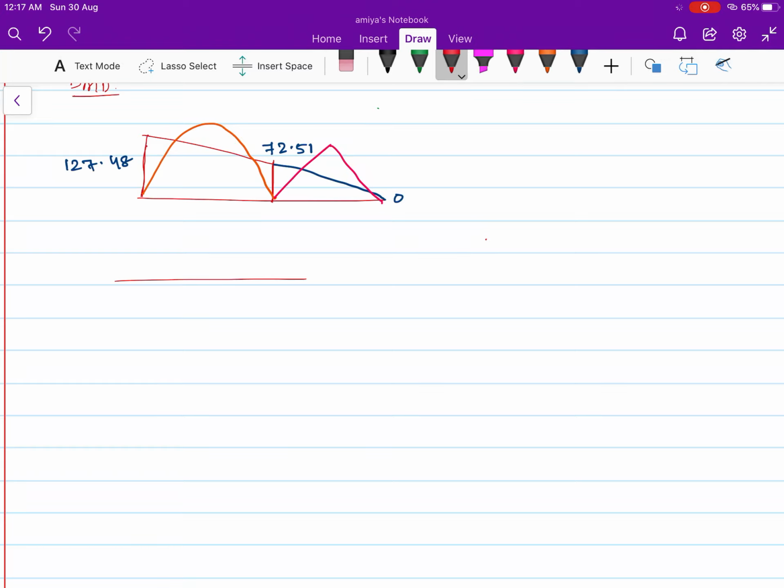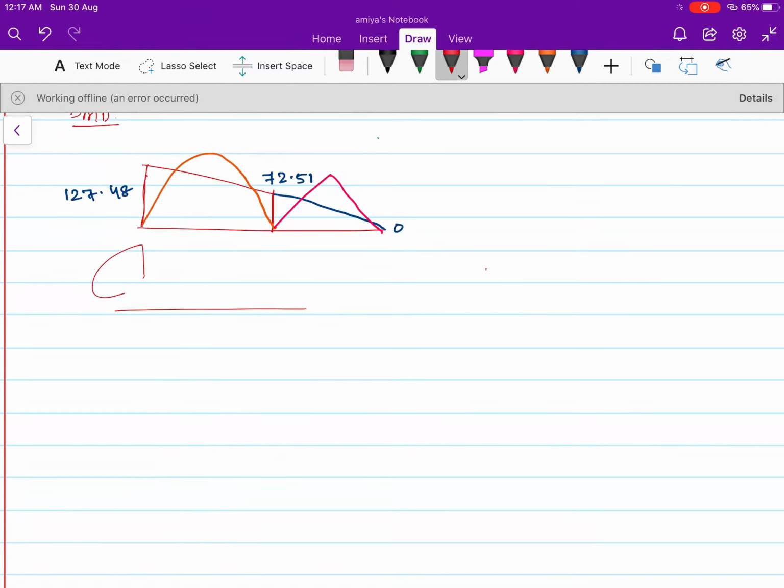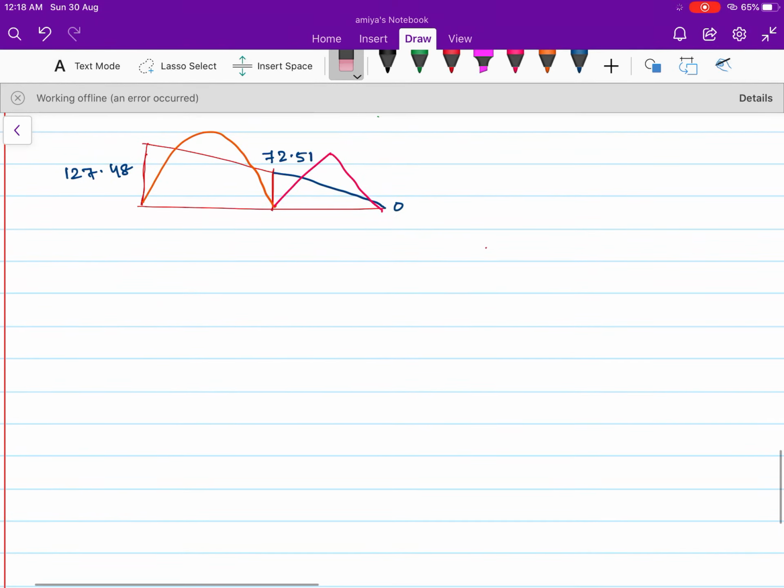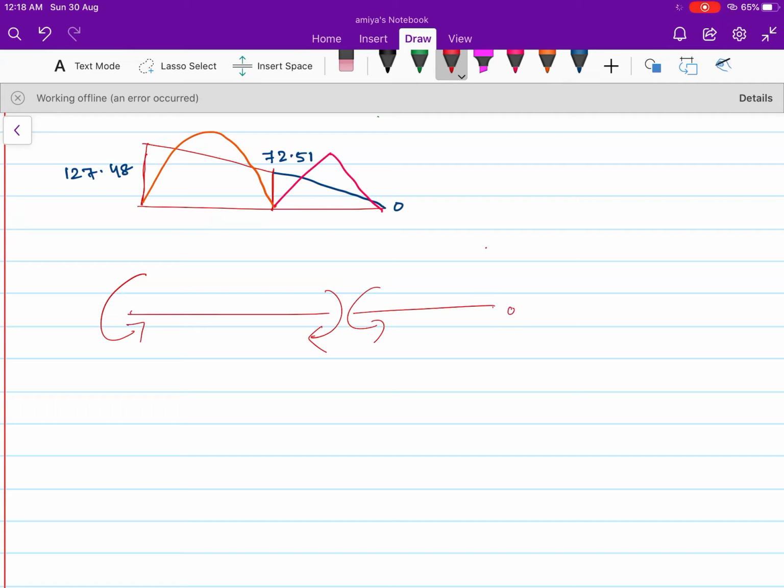So this is span 1. 127.48 is anticlockwise because it is negative, here 72.5 is positive, and here it is 0. This span consists of a UDL of 20 kilonewton per meter.